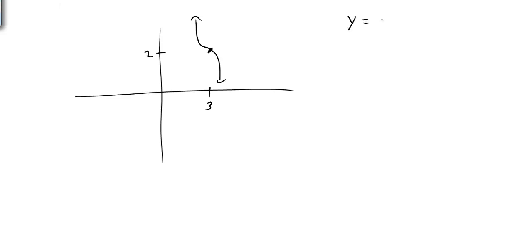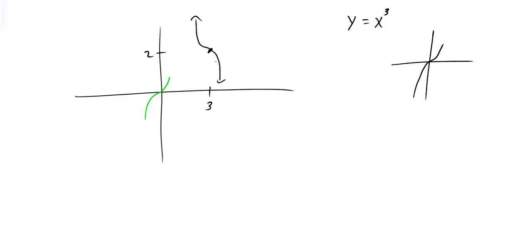All right, well, the parent function, hopefully we identified as x cubed, which we know that, keep in mind, x cubed looks like this here. So the x cubed function is going to go like this. So we need to figure out how we are going to get this translated to over here.